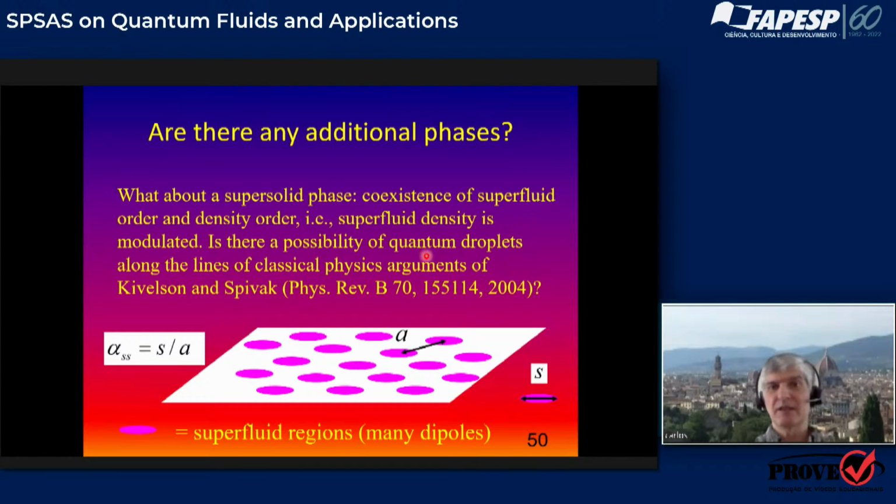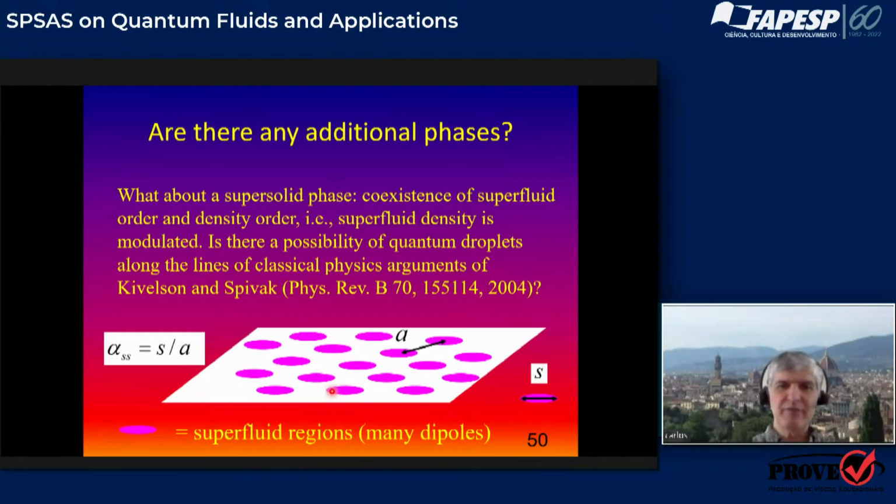So the question was, can you have a quantum version of that, quantum droplets, in which these droplets would then be superfluid? So you have regions with many dipoles, not only one, as in the Wigner crystal.